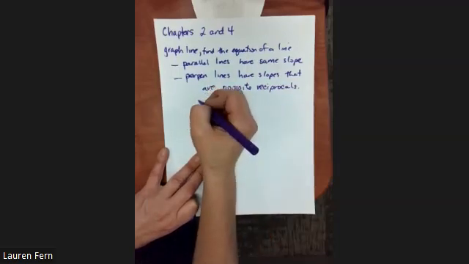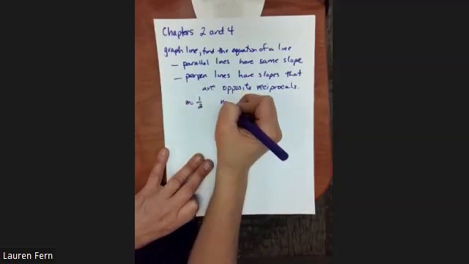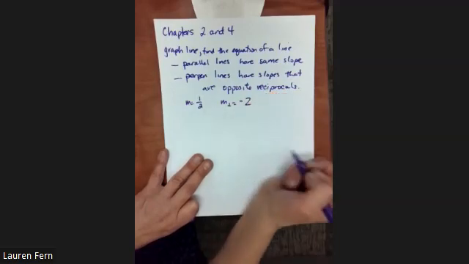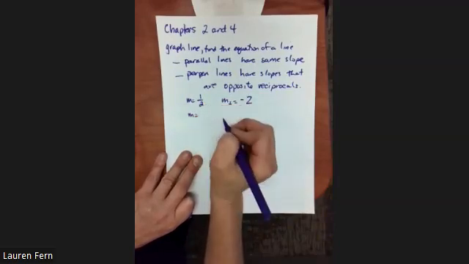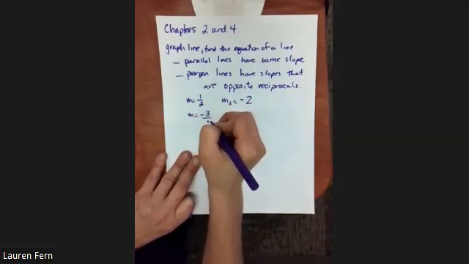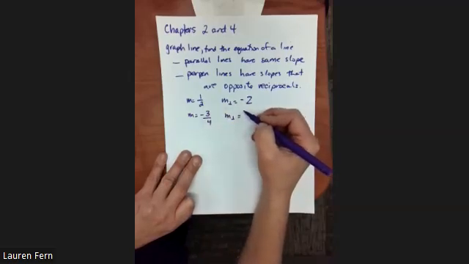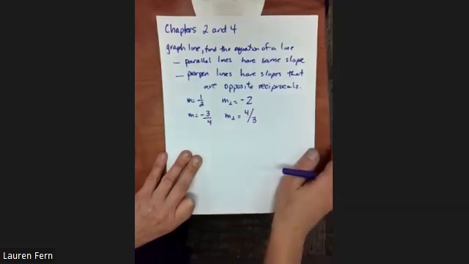So for example, if you have a line with a slope of 1/2, the slope of the line perpendicular to it is -2. Good job. Okay, if the slope of a line is -3/4, what's the slope of the line perpendicular to it? +4/3. You change the sign and you flip it.